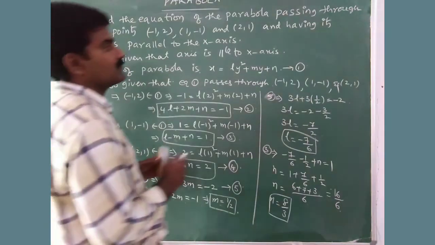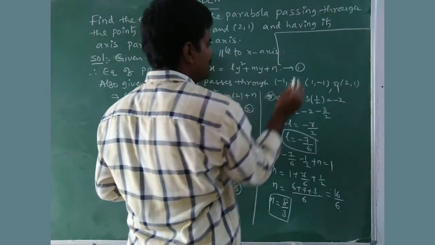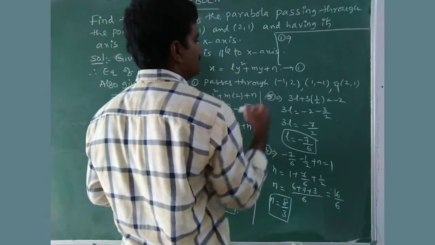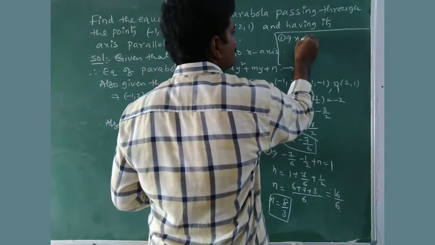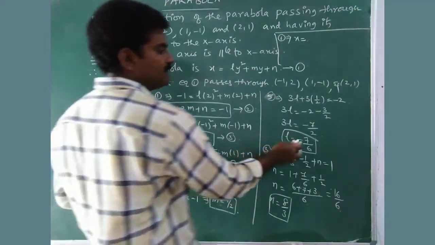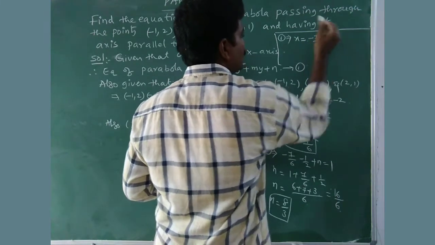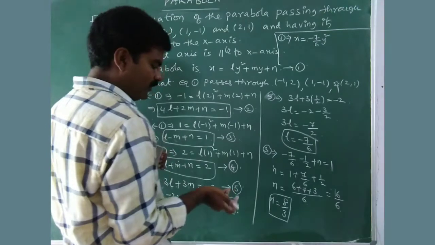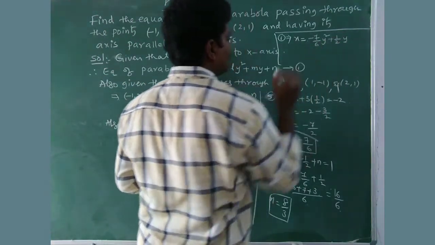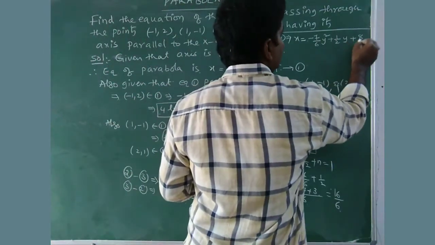So therefore, we want the equation of the parabola. So better we substitute in the first one. This is the required equation. Then x is equal to L y square, the L value is minus 7 by 6 into y square, plus m y, that is plus half into y, and plus n, that is plus 8 by 3.